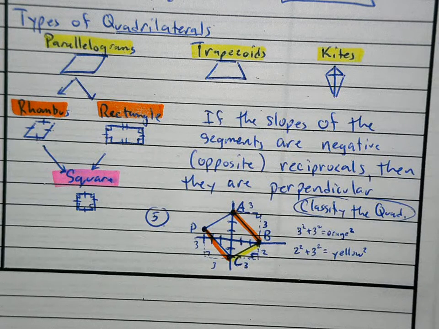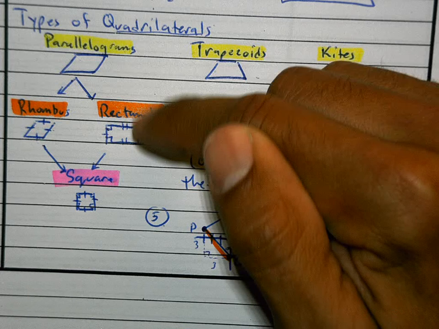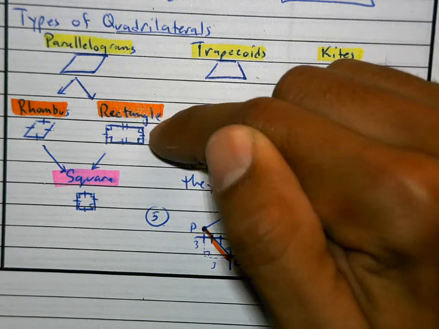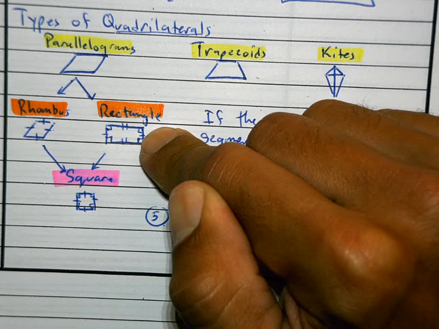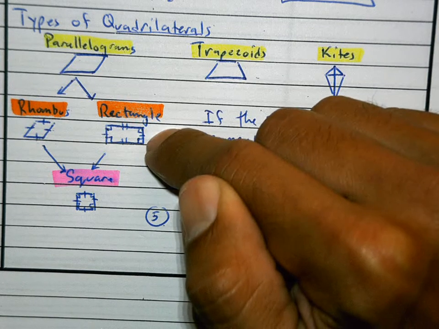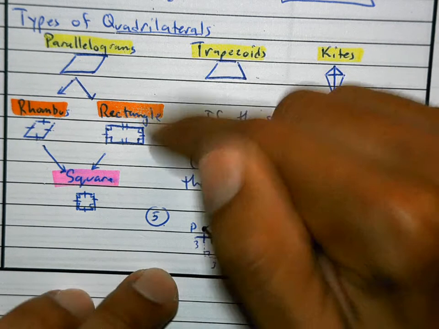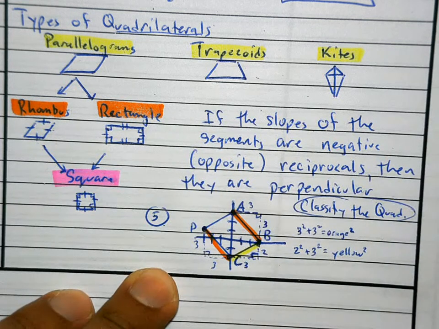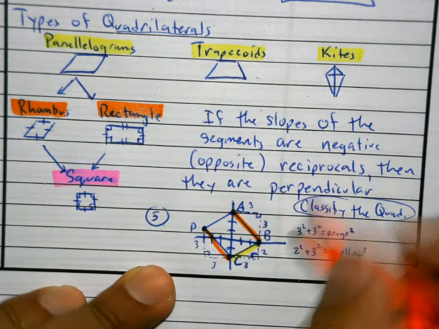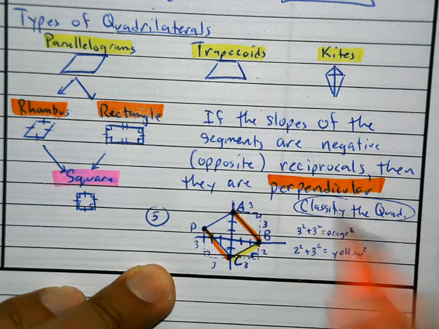So now my question is it just a parallelogram or is it a rectangle? What is different about a rectangle than a parallelogram? It has right angles with it. How can I check to see if these are right angles? We need to check to see if they are perpendicular. Here's that word, perpendicular.